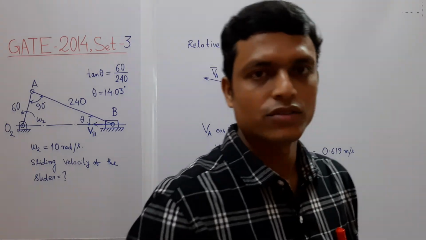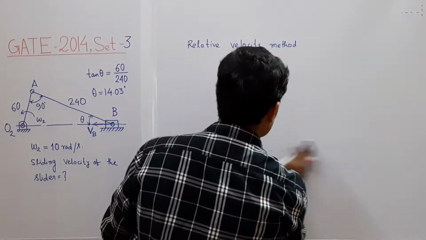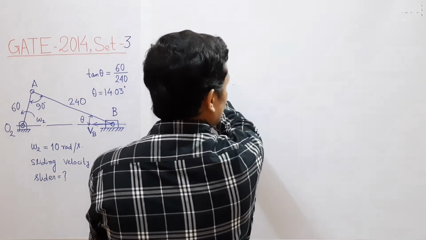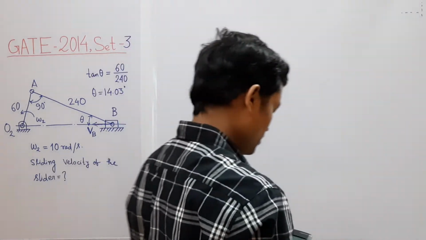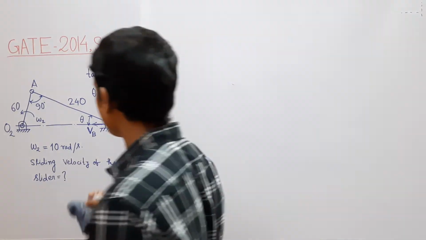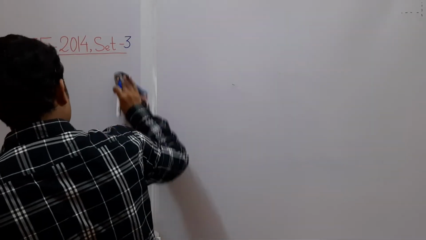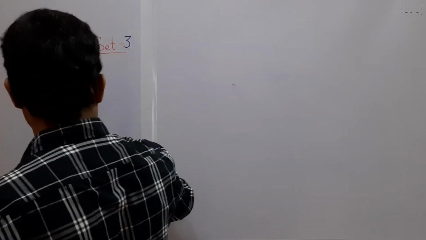Now let us solve another GATE problem which is similar to this, but that is at a special condition that I have already discussed to you in the velocity analysis class. Similar type of problem, but the configuration is a little bit different.